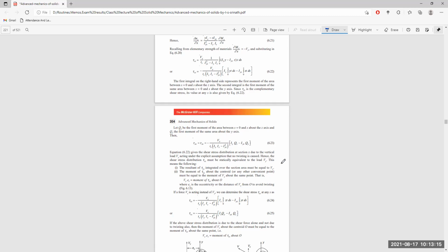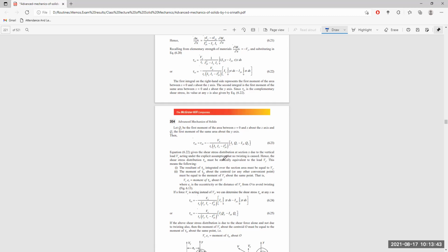This means that no twisting is created. This distribution is created due to the presence of Vy. As we know that no twist is created, the shear stress distribution tau xy or tau xs is statically equivalent to the vertical load Vy.